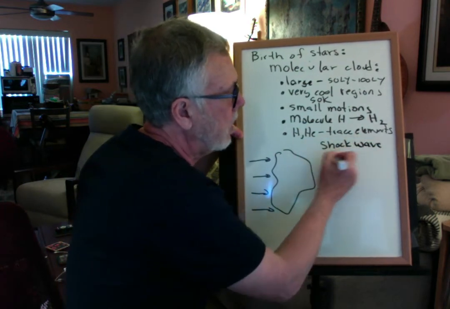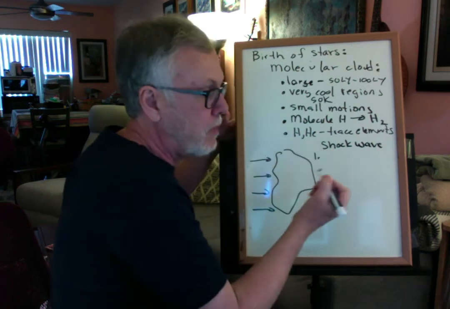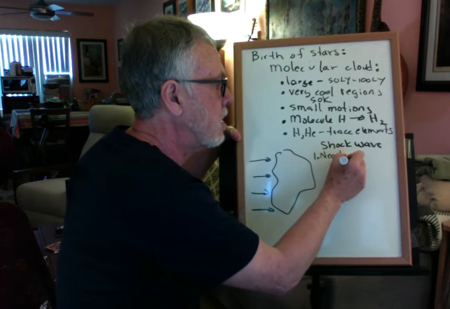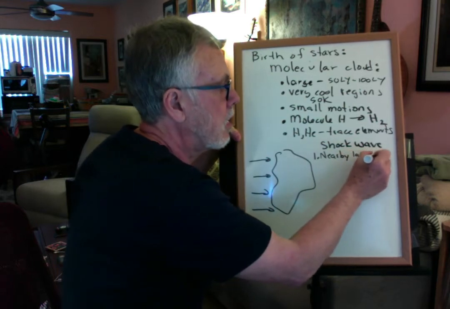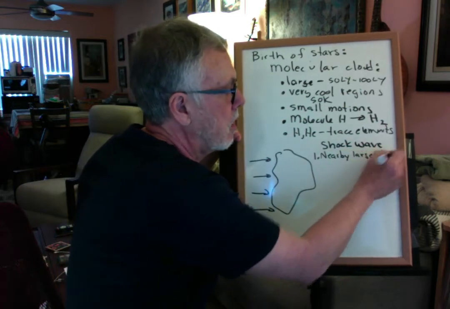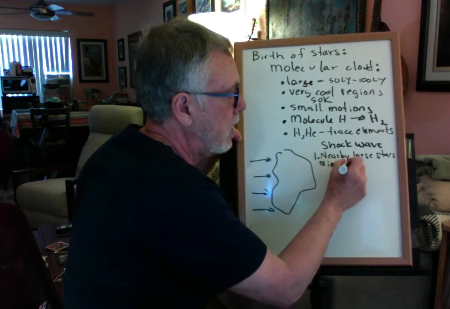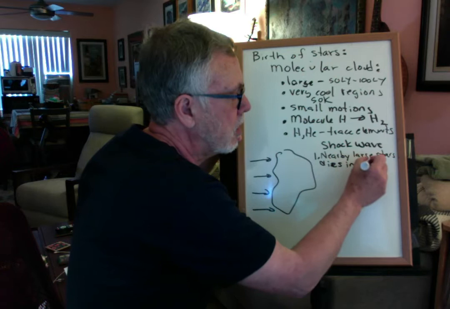There's really 4 ways. One way is maybe there's a nearby large star that dies in a supernova explosion.